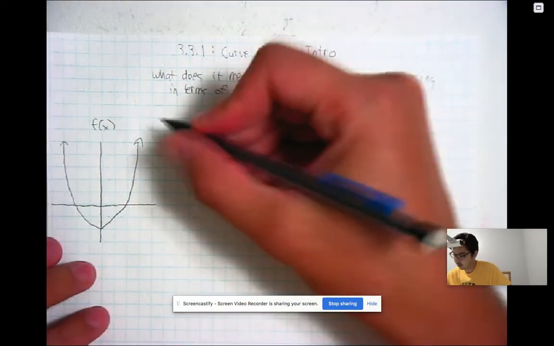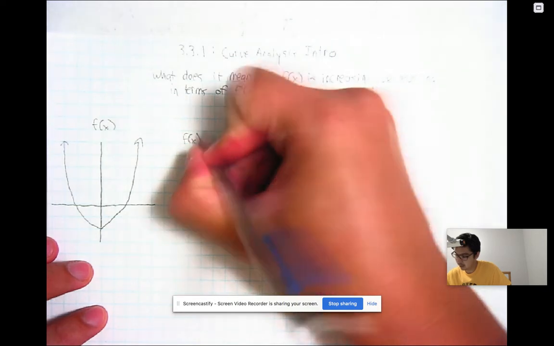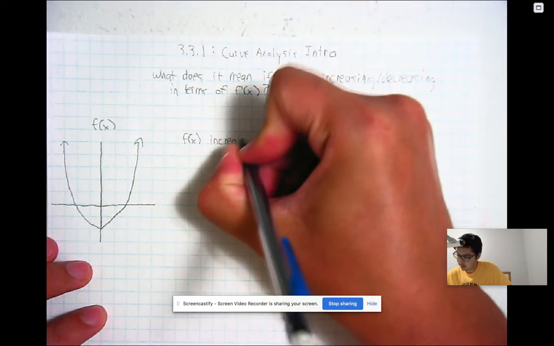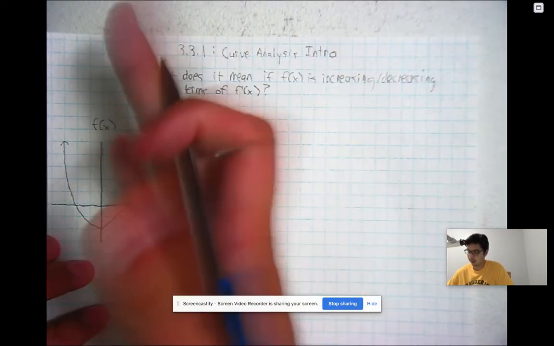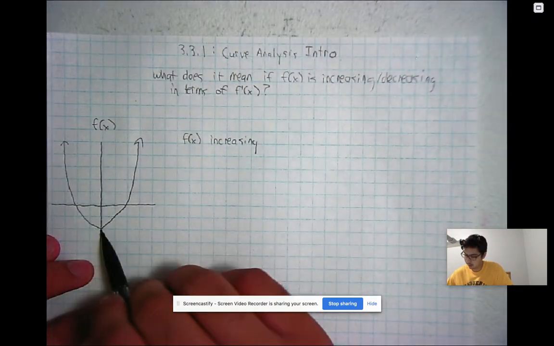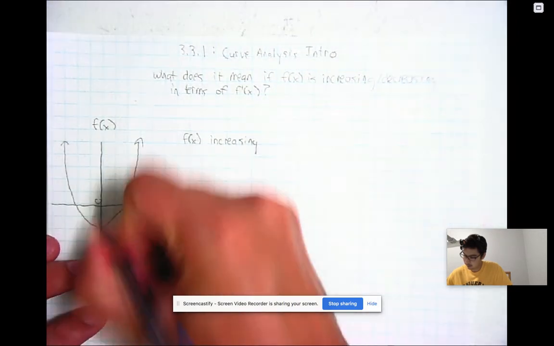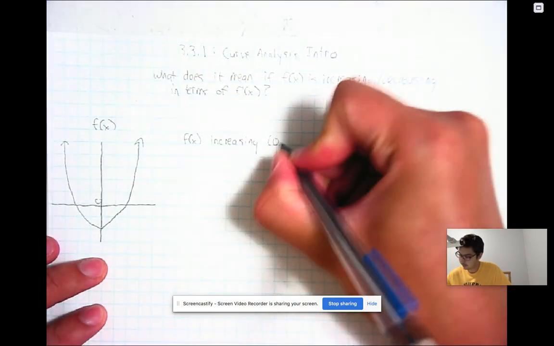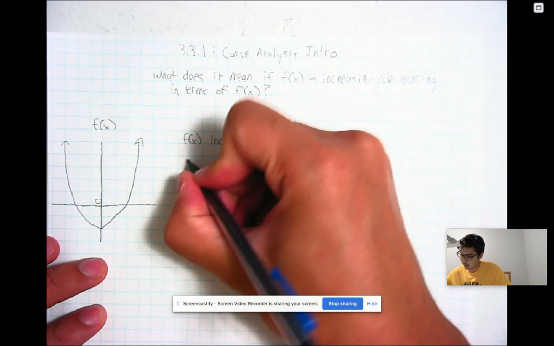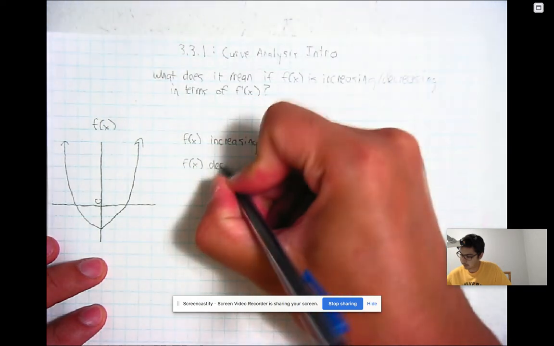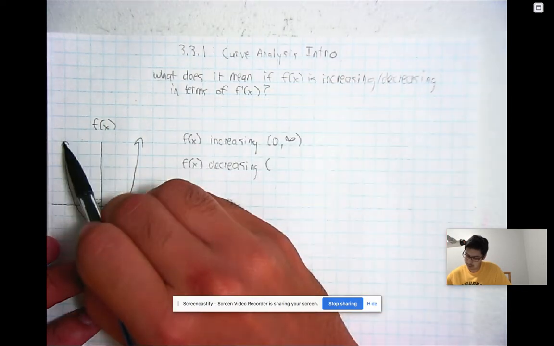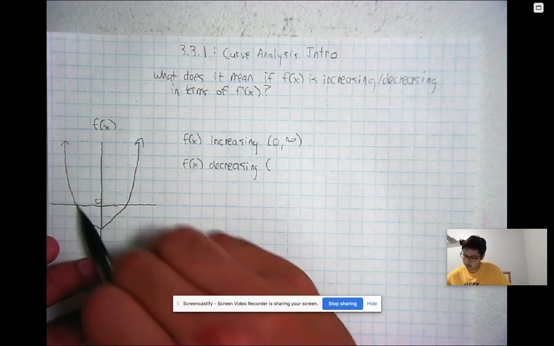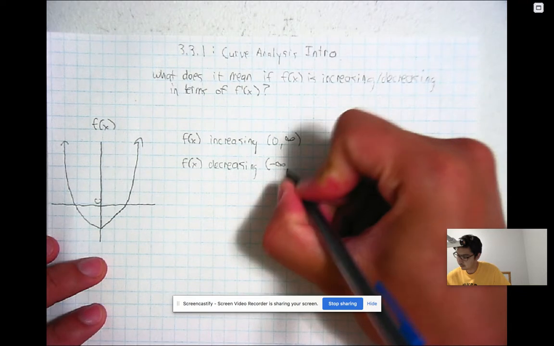And if I asked when is f of x increasing, we're looking at when the slope is positive. Well, it's increasing from 0 to infinity. When is f of x decreasing? You'd see that it's decreasing, with a negative slope, from negative infinity to 0.